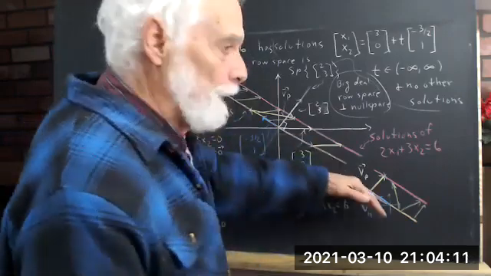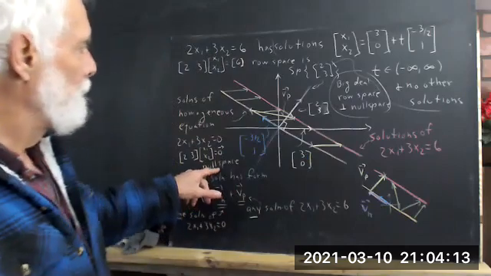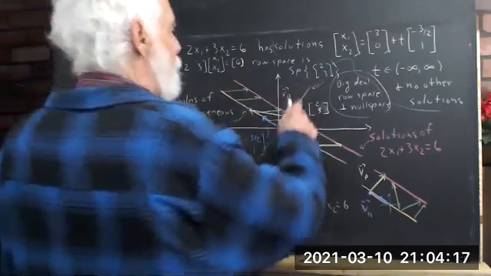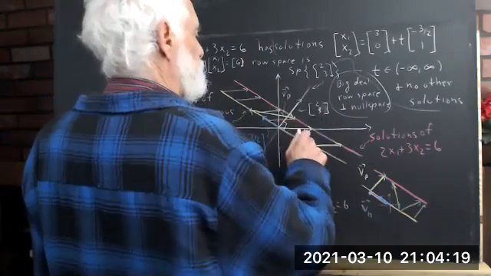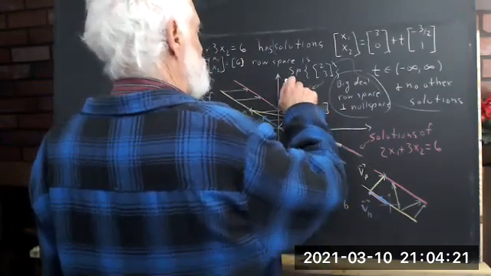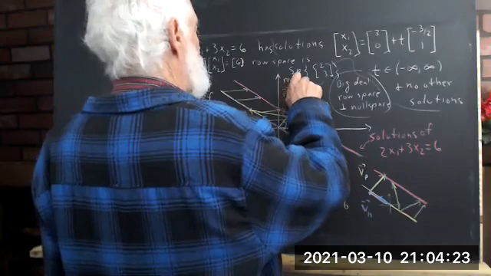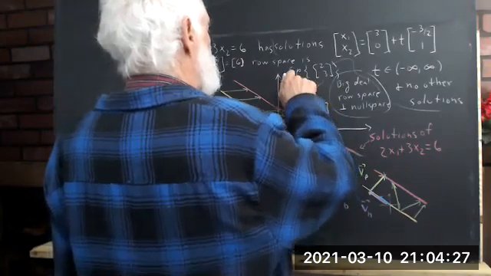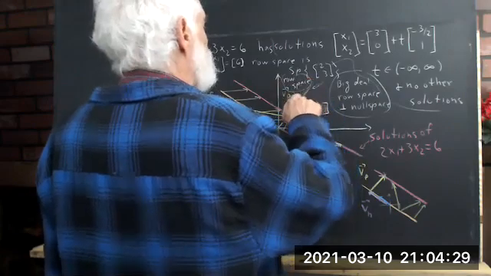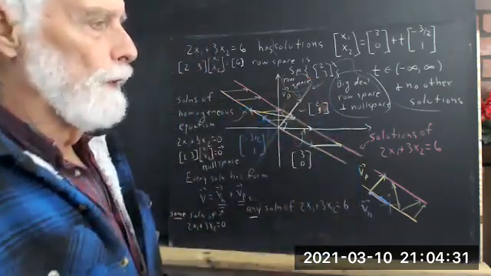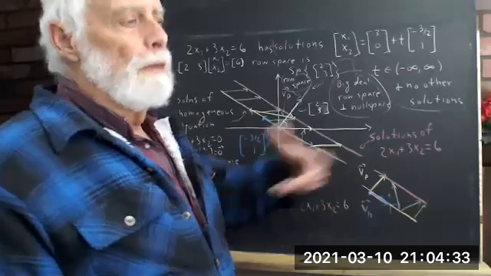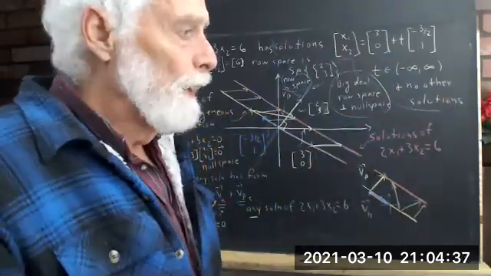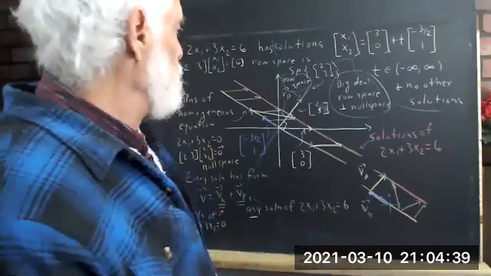So here's your null space in orange, and here is your row space. And it's just going to turn out, for any matrix, the row space is orthogonal to the null space, or perpendicular to the null space.